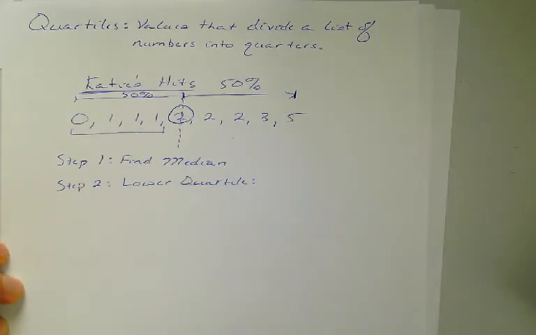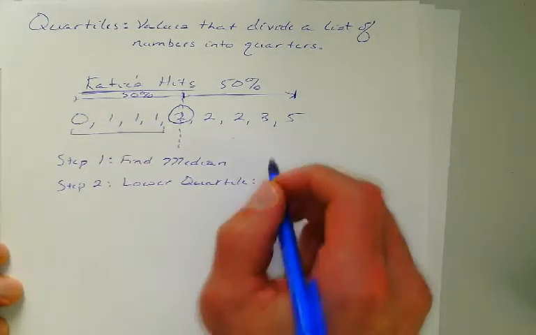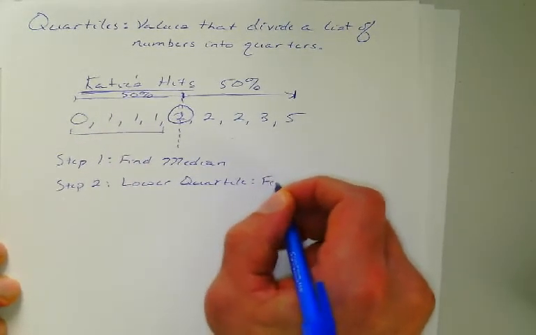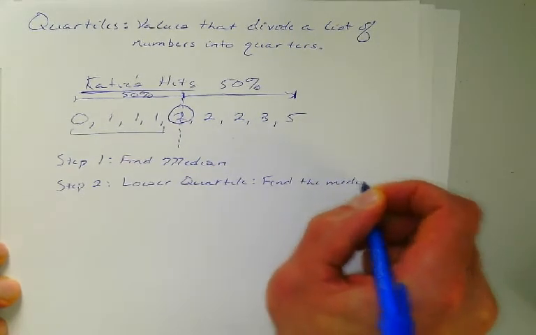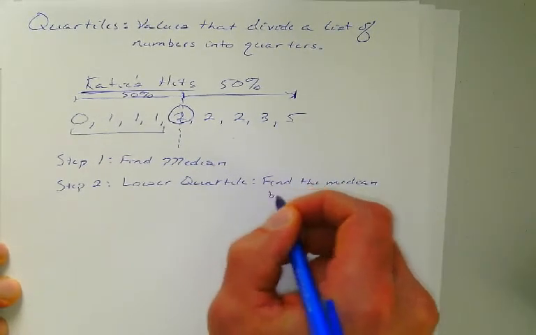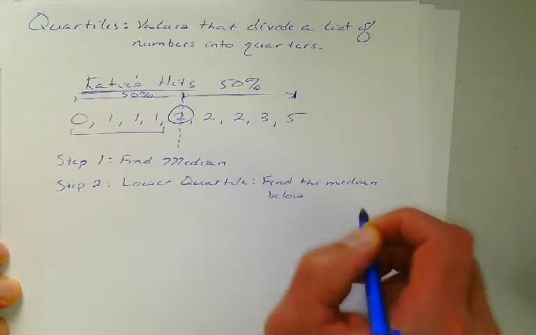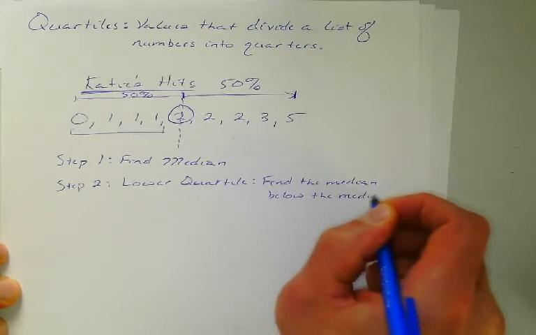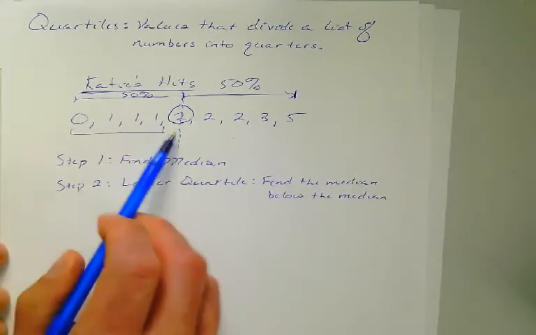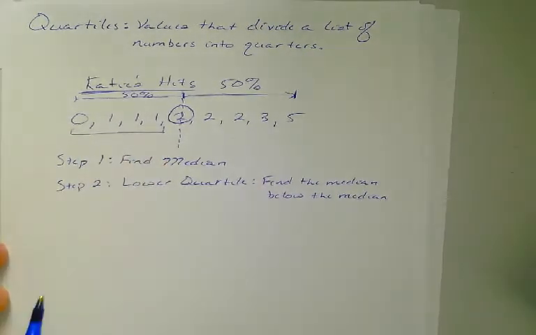And I need to find the median of these terms. So I look at the 4 terms below the median, and I need to find the middle of those terms.